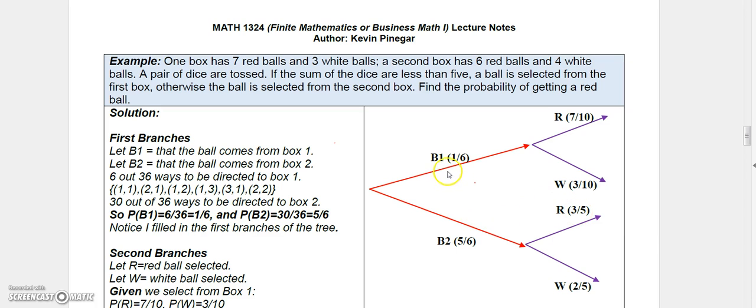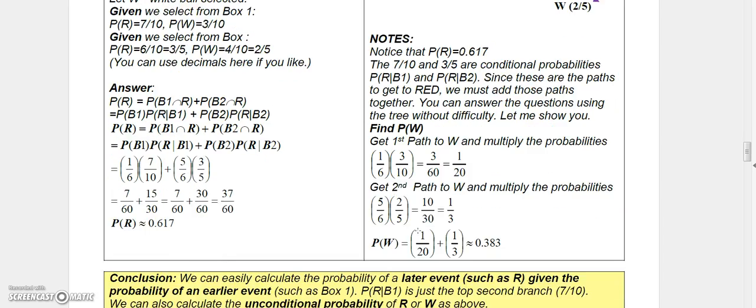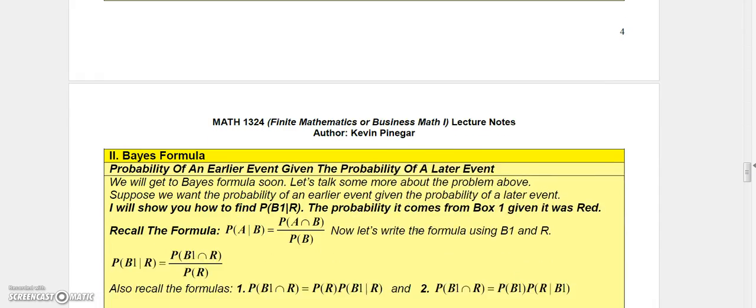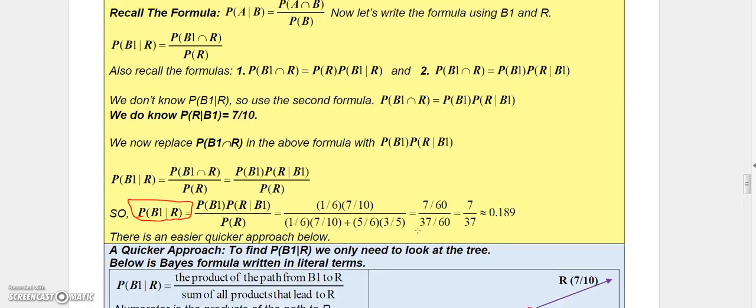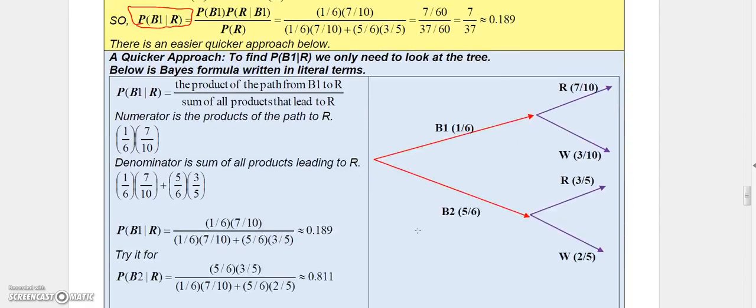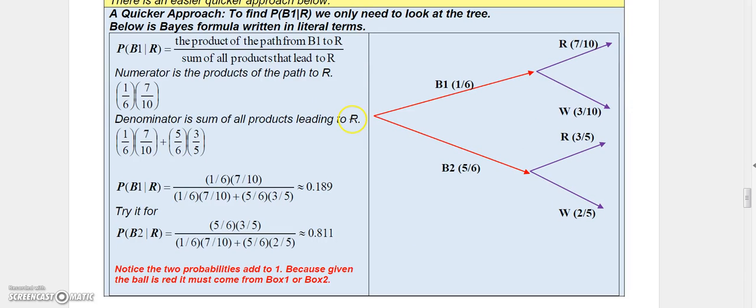So in the numerator, I just multiply these two branches, B1 to R, and in the denominator, I sum the products of all branches that lead to R, which was B1 times R plus B2 times R.